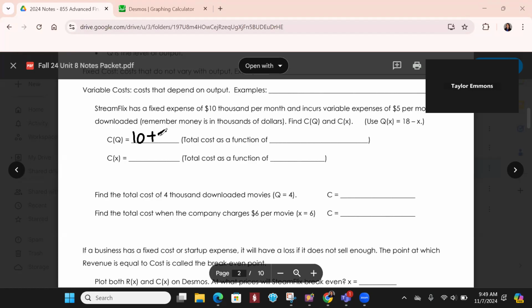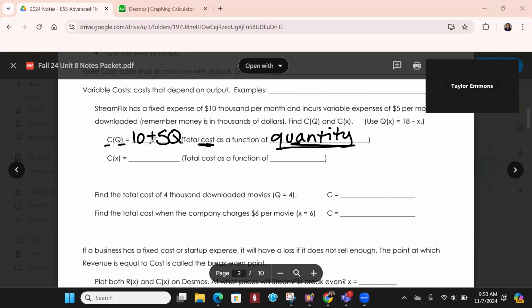And then we've got to figure out how much the Q is. Is it 10,000? It's in thousands. C of Q is going to be the total cost as a function of quantity. Notice how this word and this word are the two variables that we used.